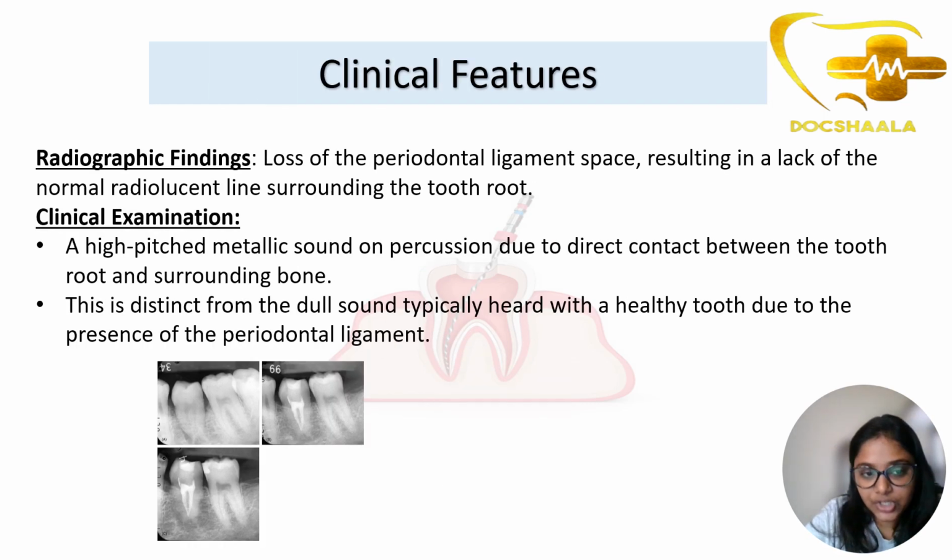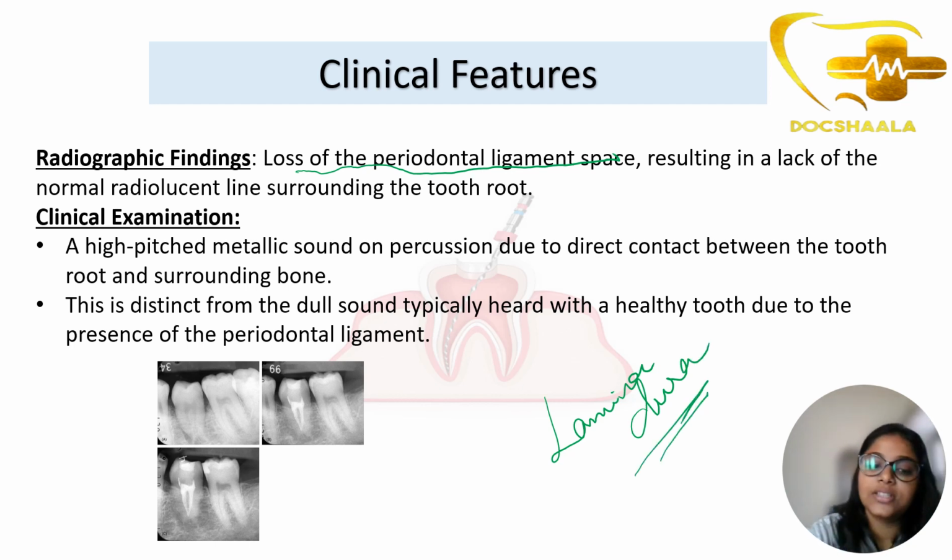The main clinical features to keep in mind are the radiographic features. Since there is avulsion, there is loss of periodontal ligament space, which results in lack of the normal radiolucent line surrounding the tooth. The PDL, which appears on the radiograph as lamina dura, is lost, as you can see in the radiograph here.